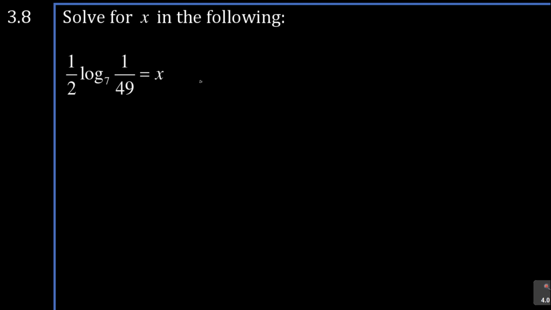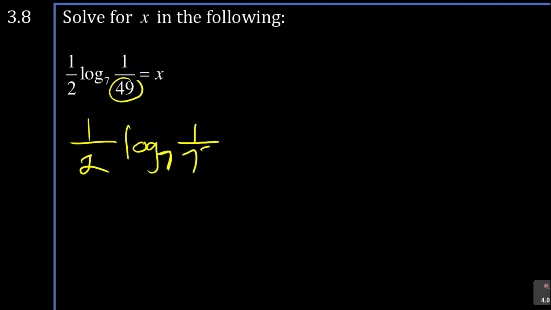So they'll never give you something that does not make sense. First of all, what is 49? It's 7 squared. So I can write 1 over 2 log of 7. Why am I getting it in terms of 7? Because my base is 7. So 1 over 7 squared is equal to x. See that? Then I take it to the top.